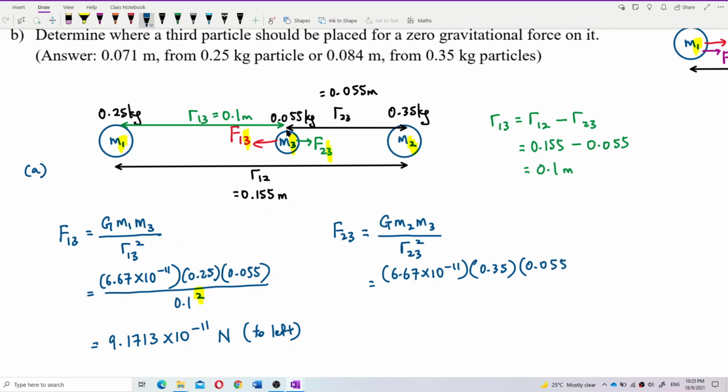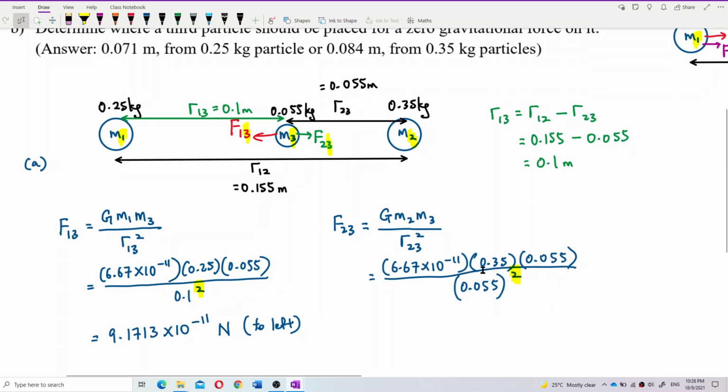Then divided by the distance between 2 and 3, R23, which is 0.055, squared. Don't forget the square. Many students forget the square after they substitute the distance. You are careless when you forget the square.